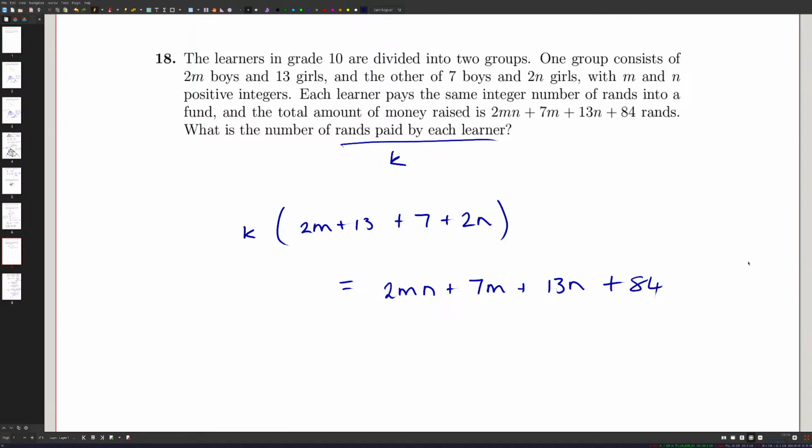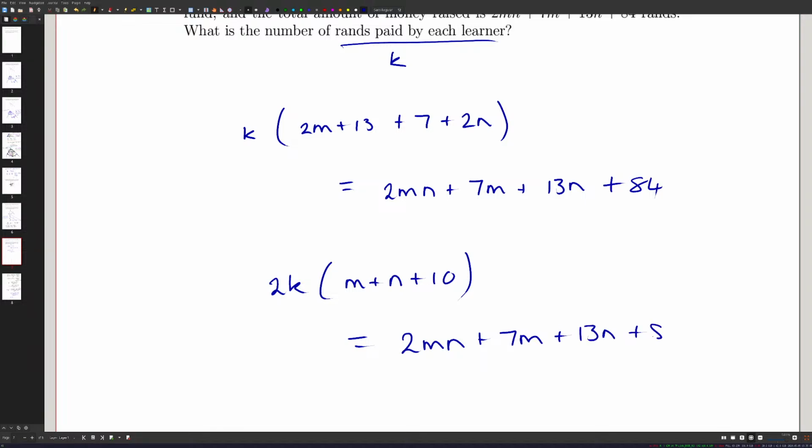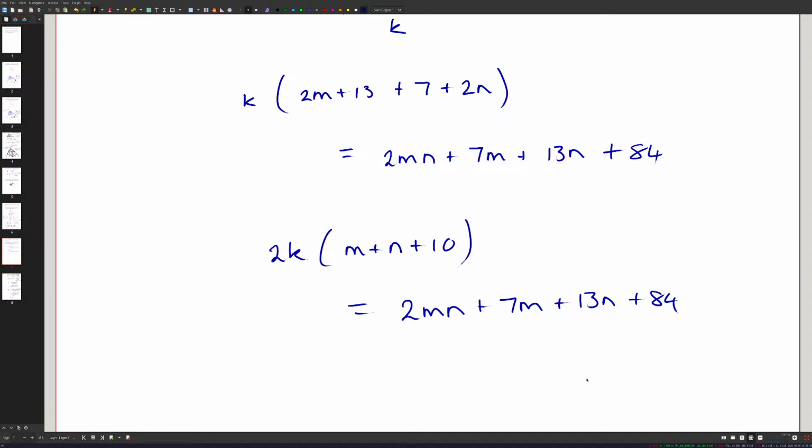Well, that seems weird that this is actually enough information to determine this, but okay, whatever. We'll see where this goes. So 2k times (m plus n plus 10) is 2mn plus 7m plus 13n plus 84. Nope. Once I get to the answer, I'll realize what the trick is that I should have spotted all along.